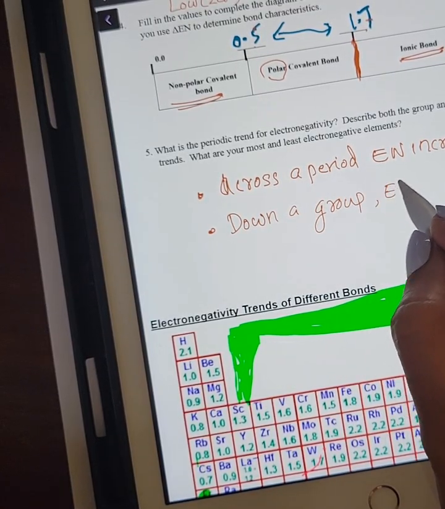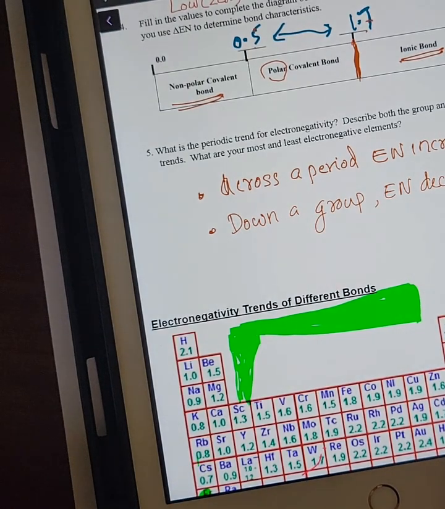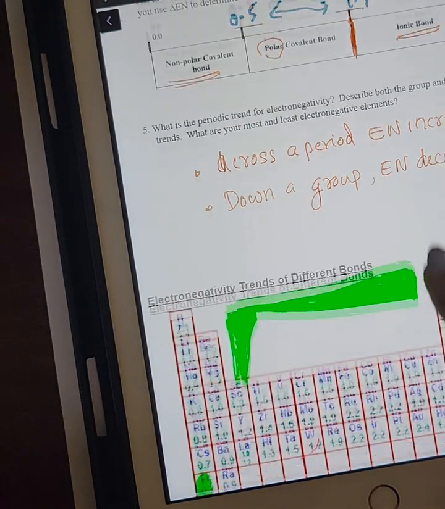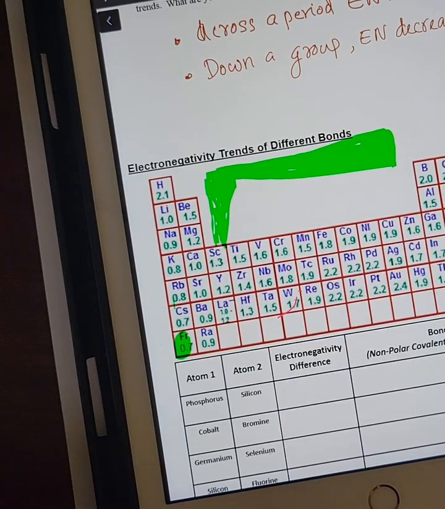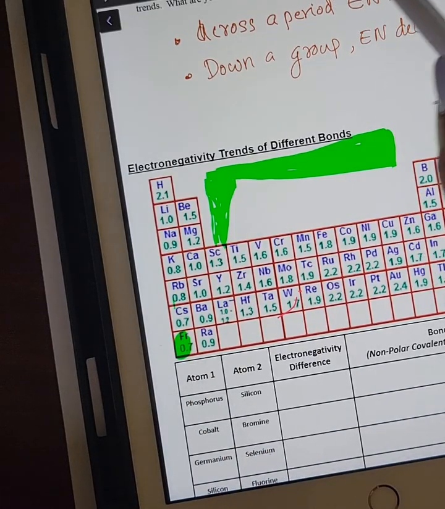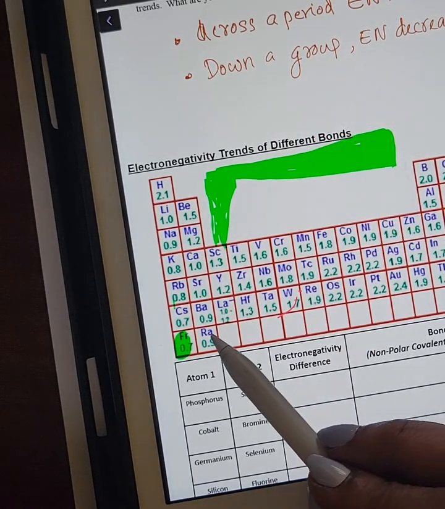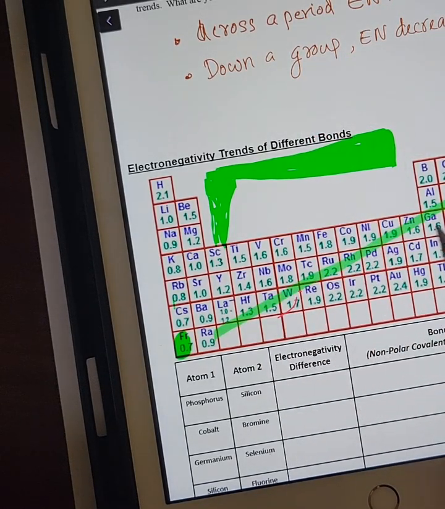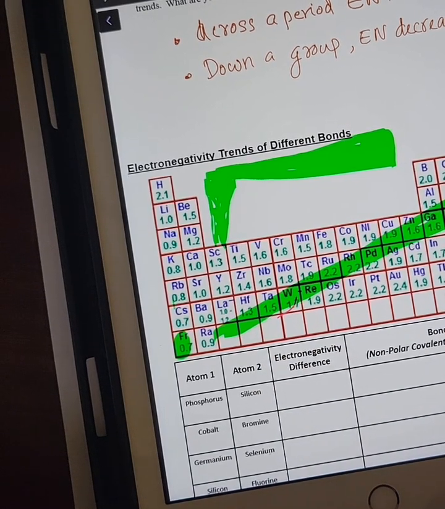We already learned the reason, because of the nuclear pull. Electronegativity decreases. So that's why we said the highest value is for fluorine, with noble gases as exceptions. So if you draw a diagonal, we can see it is increasing like this. The highest value is always on this side. That is the trend in electronegativity.